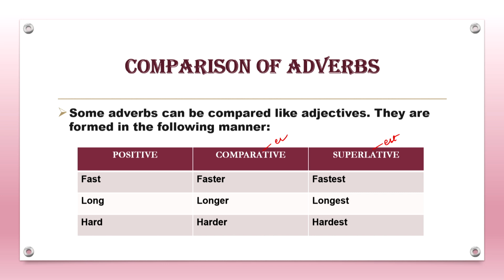For example, fast, faster, fastest, long, longer, longest, hard, harder, hardest. So, as you can see, er has been added to hard, in order to form the comparative, and est has been added again to the positive degree to form the superlative, that is hardest.